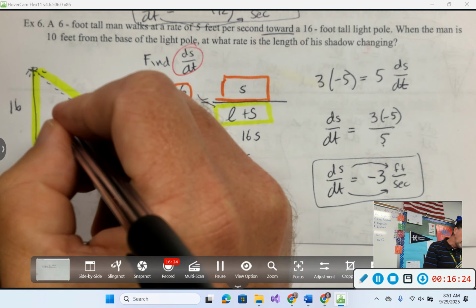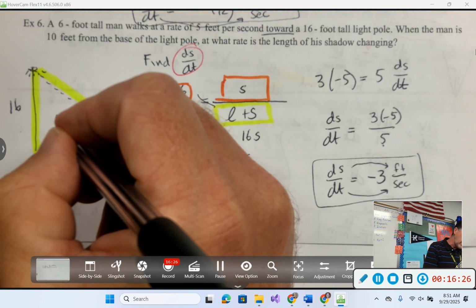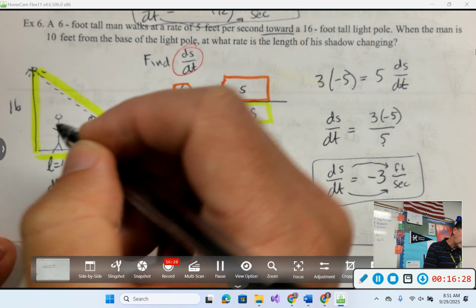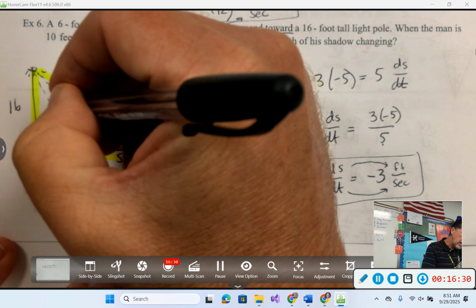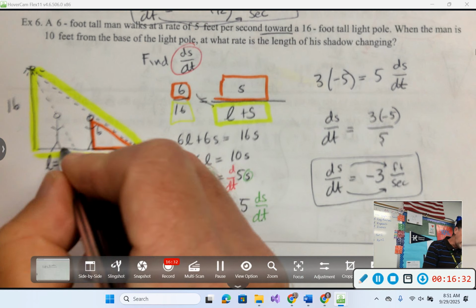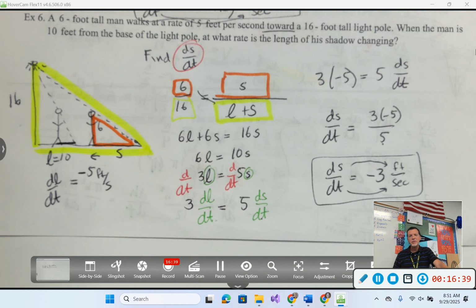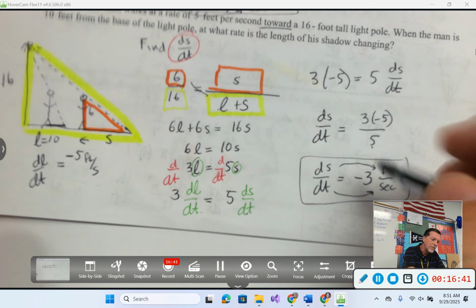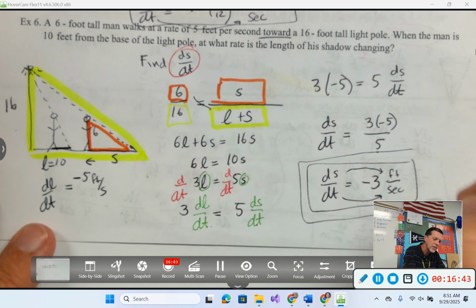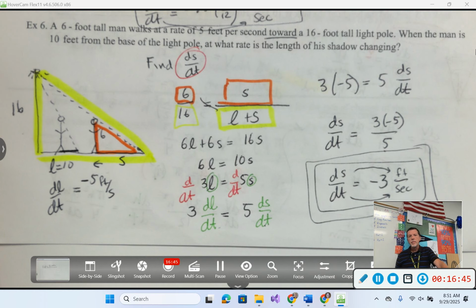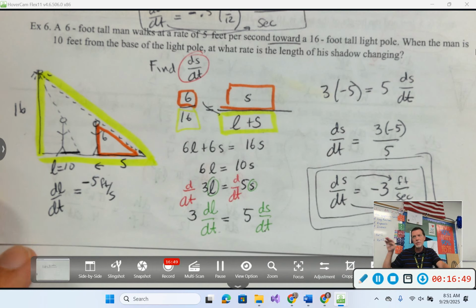Yeah, that makes sense. Because when he's standing right next to the light pole, his shadow will be 0. So I've convinced myself that the negative is correct. And if he was way out here, his shadow would be really long.